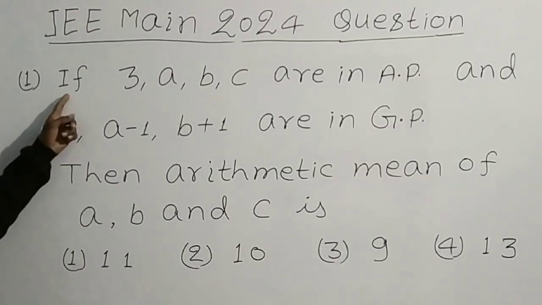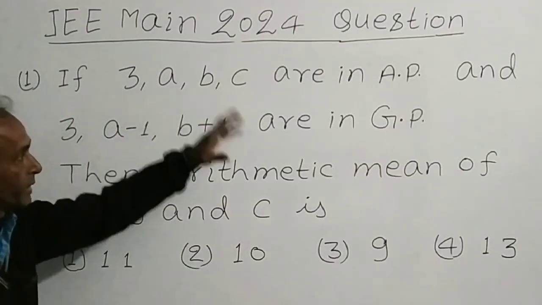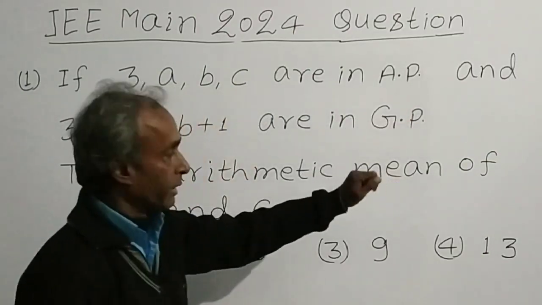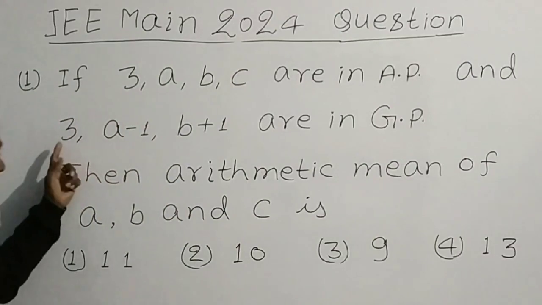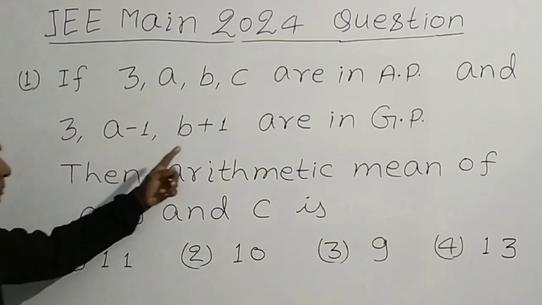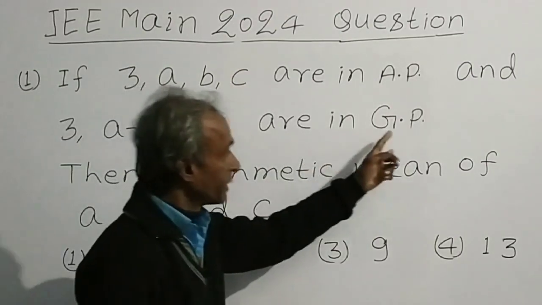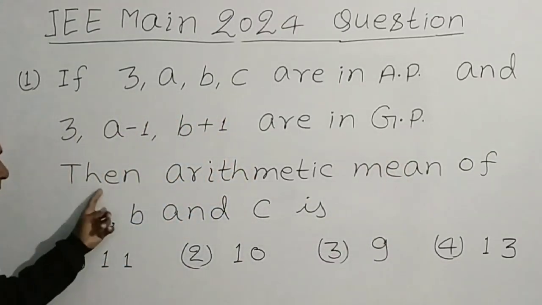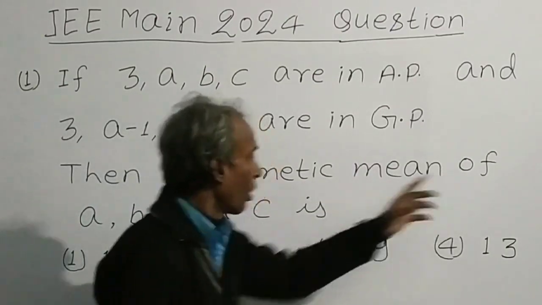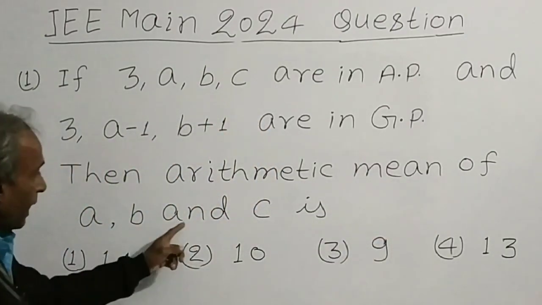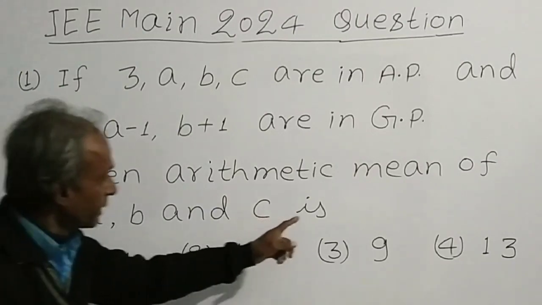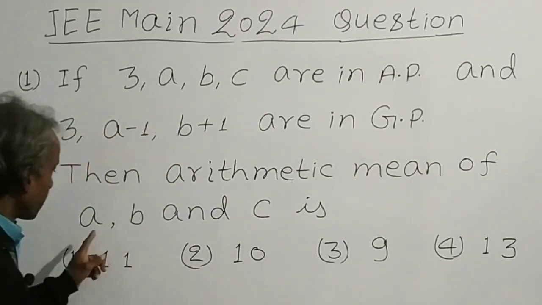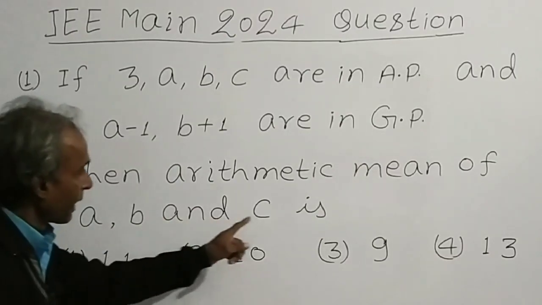The question is: if 3, A, B, C are in AP, meaning arithmetic progression, and 3A minus 1, B plus 1 are in GP, meaning geometric progression, then the arithmetic mean of A, B and C is. That means we have to find the arithmetic mean of A, B and C.